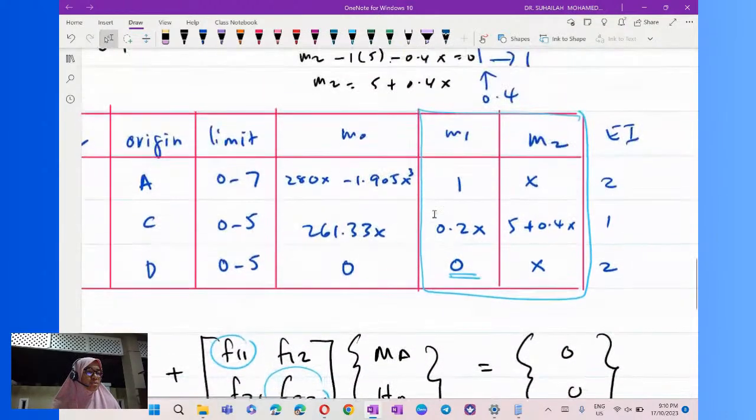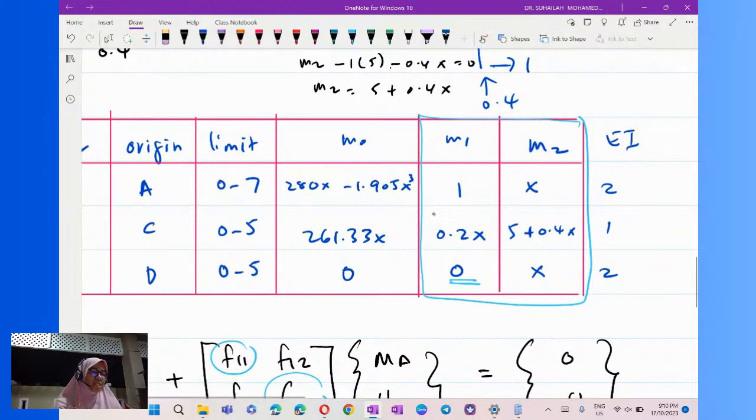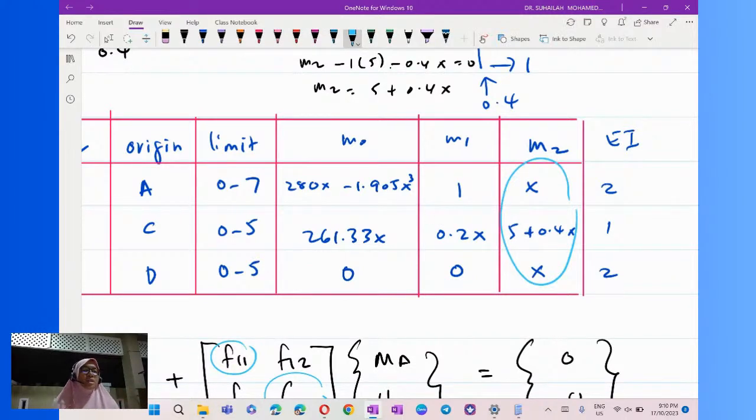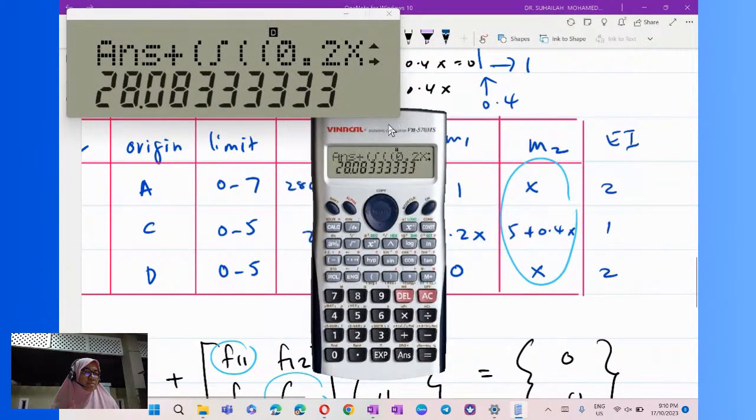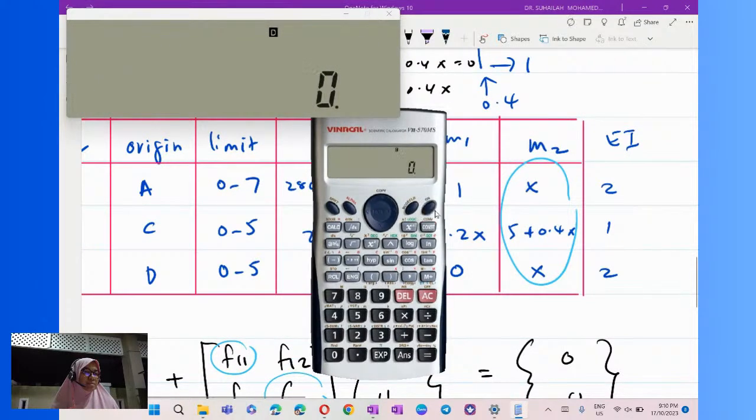For F22, we just need to focus on this only, M2 squared. So we integrate M2 squared. It is x squared from 0 to 7.